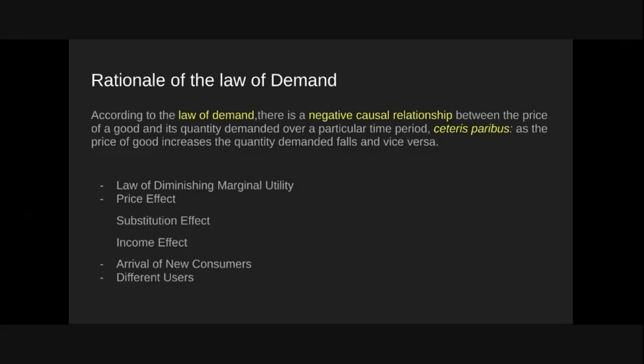The same can be looked at from a price point of view. The determinants are based on the price as well as the non-price determinants. So if we put the function of demand, which is denoted by Dx, this is a function of price and several other non-price determinants. One of the most important determinants of demand is price.